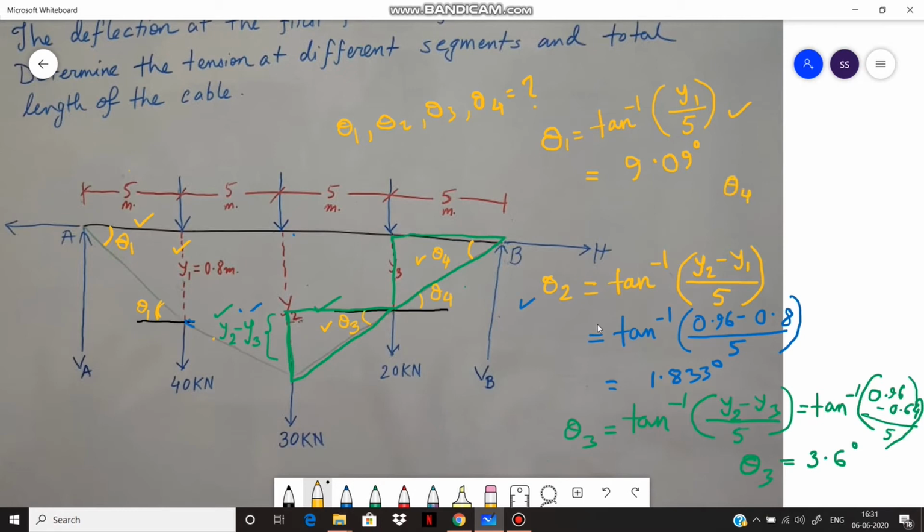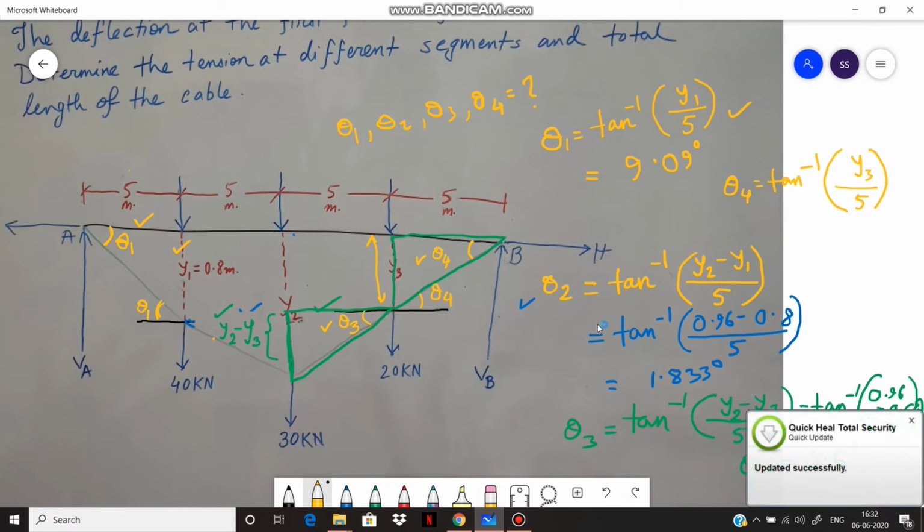So theta 4 equals tan inverse y3 by 5, where y3 is the height of this triangle, that is the deflection of this point.